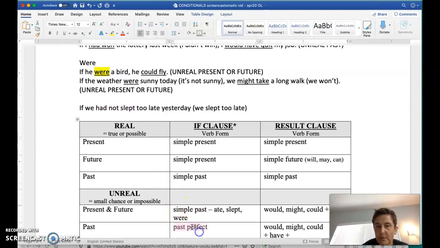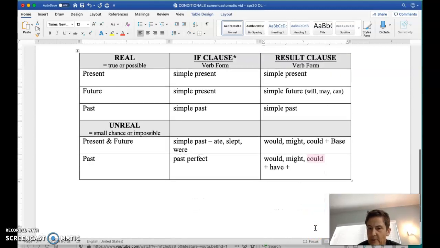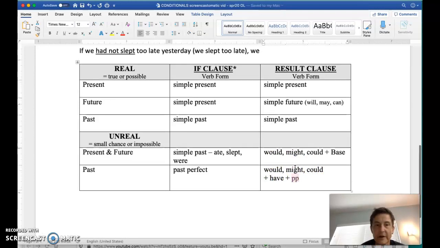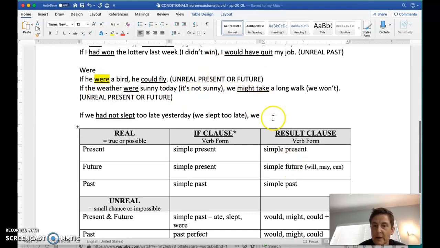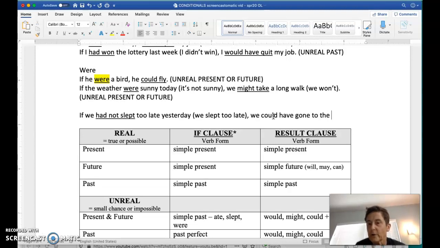Past perfect for my if clause. If we had not slept too late yesterday, let's use could. We could have gone to the party. If we had not slept too late yesterday, we could have gone to the party.